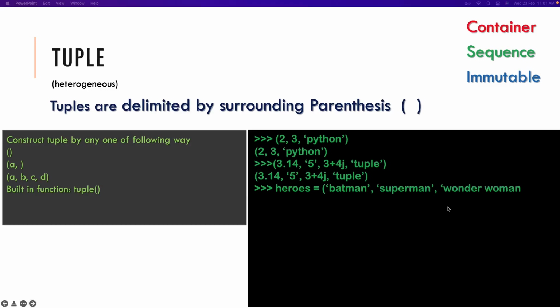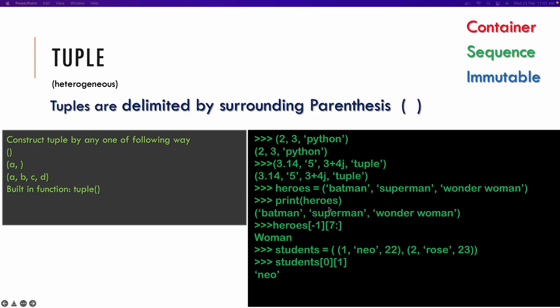Again, this is a tuple of strings, and you can refer to heroes, and you see I got everything. Each element is separated by a comma. That is how you do it. Heroes has 3 elements: Batman, Superman, Wonder Woman.